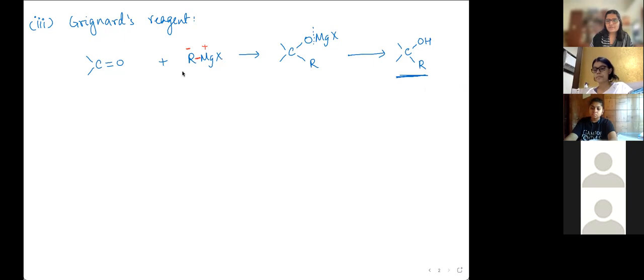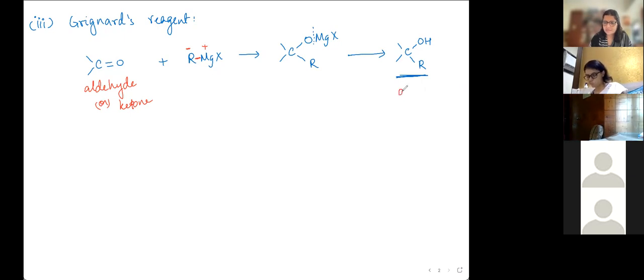So based on whatever is happening here, you started off with an aldehyde or a ketone. And what is the final product that you ended up with? Alcohol. Alcohol. So this is a method of preparation.